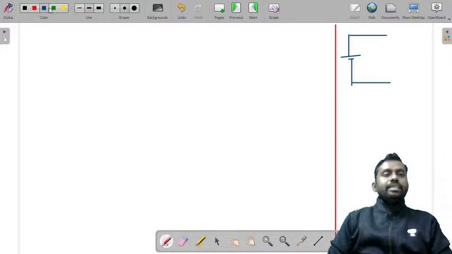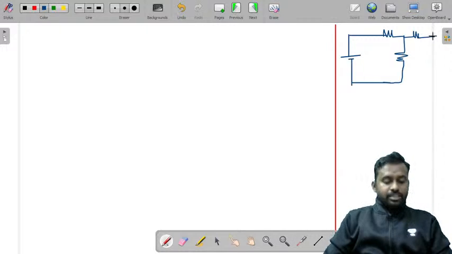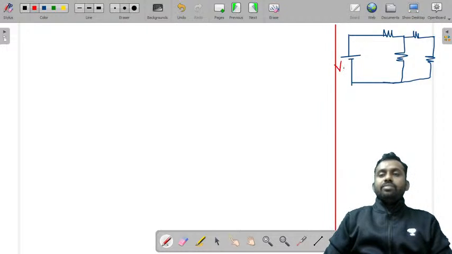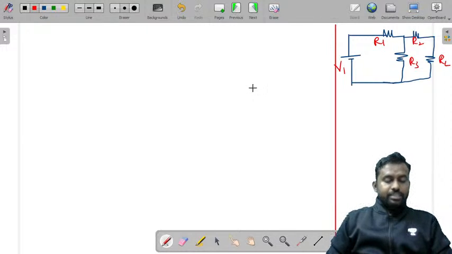You have a resistance, you have another resistance. There is a resistance here again, and there is a resistance here. Let us name them as V1 voltage, R1, R2, R3, and RL resistance.